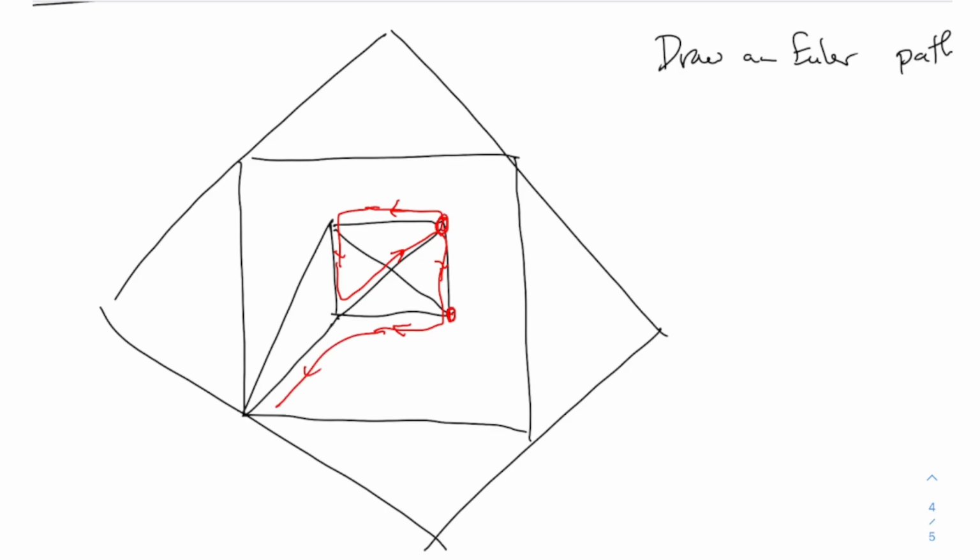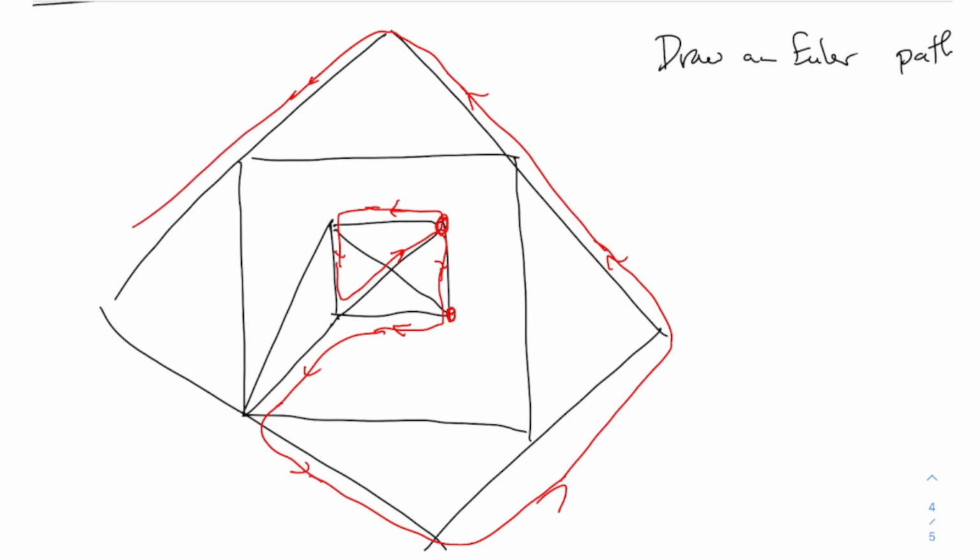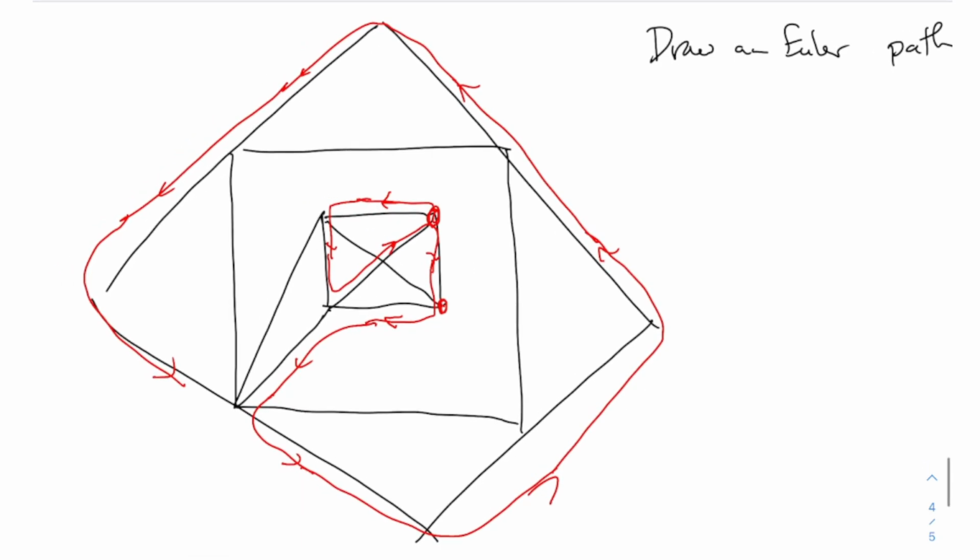And then I want to go around, maybe I'll go around the very big square, all the way around, and then all the way around the slightly smaller square in the middle. So do it like this, around here, all the way around the outside. And then I'll go around the other square in the middle.